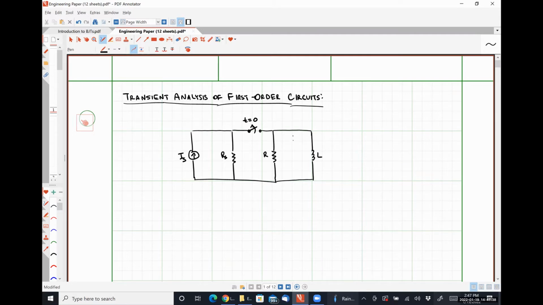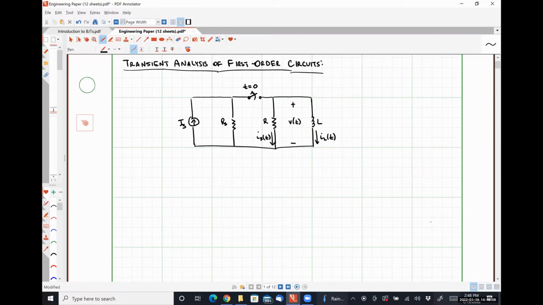And let's call this voltage V of t, this current IR of t, and this current IL of t.